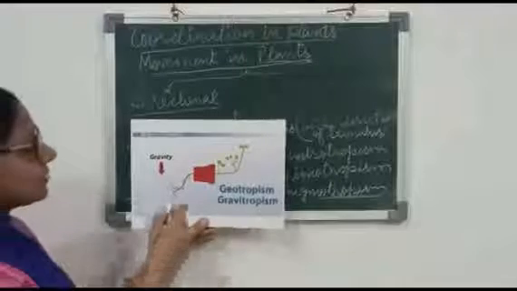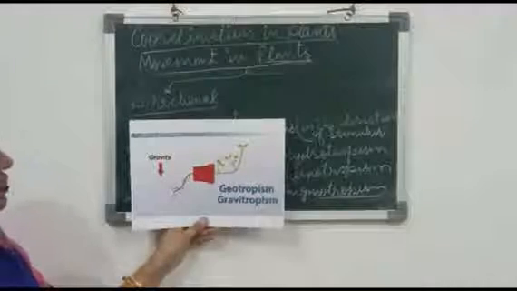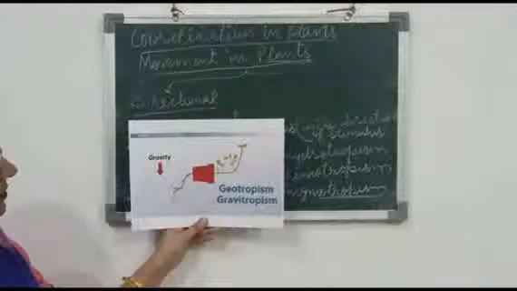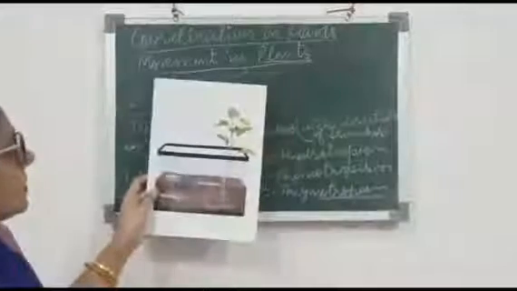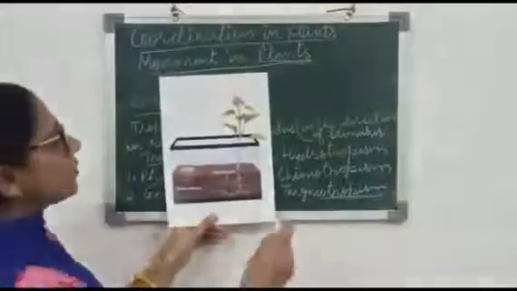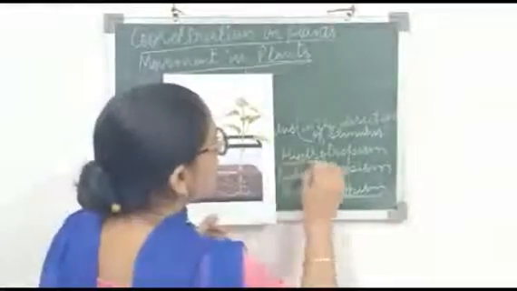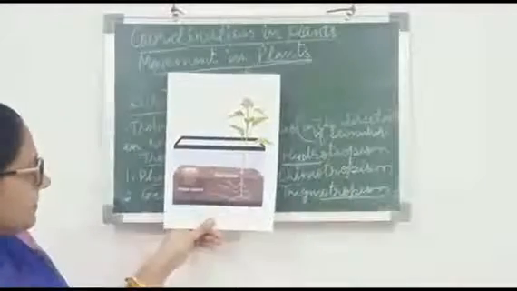So here growth is taking place. So it is known as directional movement and growth related movement. Next one is hydrotropism. Hydrotropism, as all of you know, hydro word is used for water.